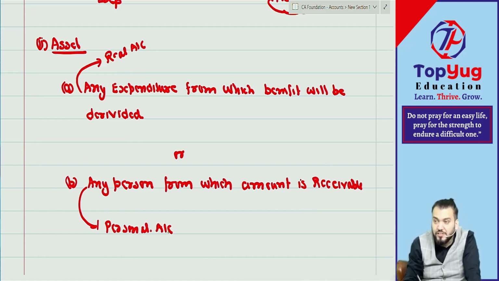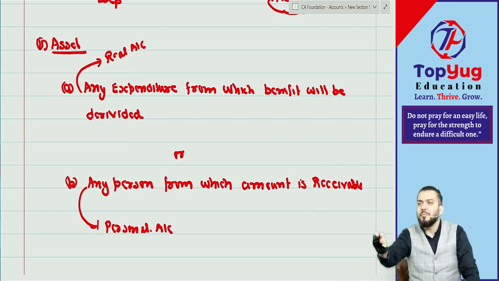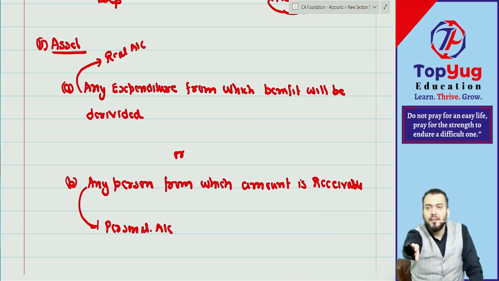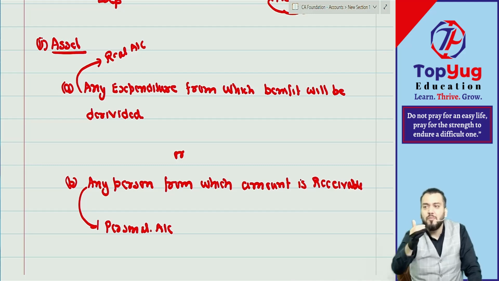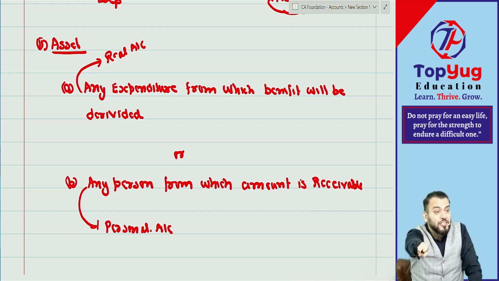Just try to understand. I have deposited some amount in a bank. Is a bank a person or not? Some amount is receivable from the bank, so that amount is receivable from an artificial person. The bank becomes an asset for me.